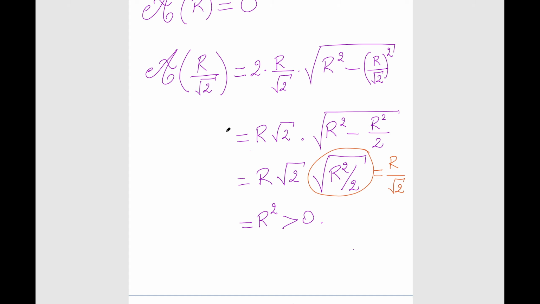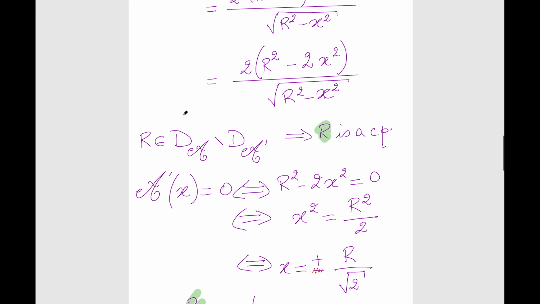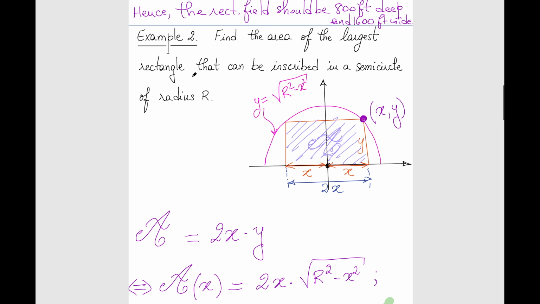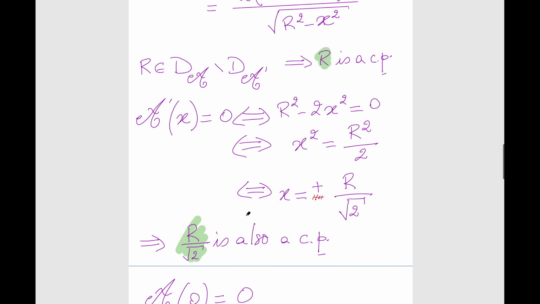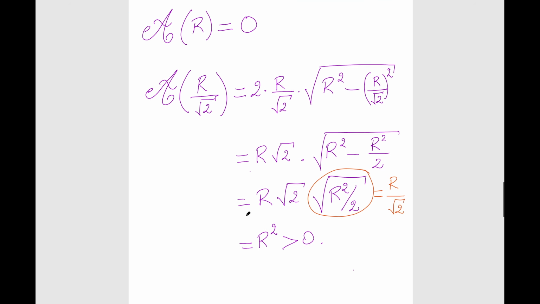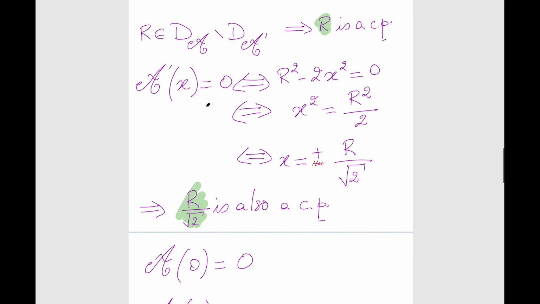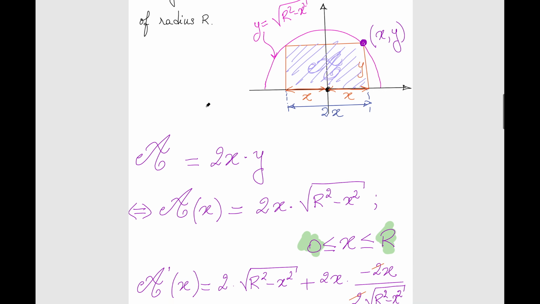Okay. All right, so what's the largest, question was the largest area, right? The largest area of a rectangle that can be inscribed in such a semicircle. Well, we found it to be r squared, and this happens when you take x, what's x?